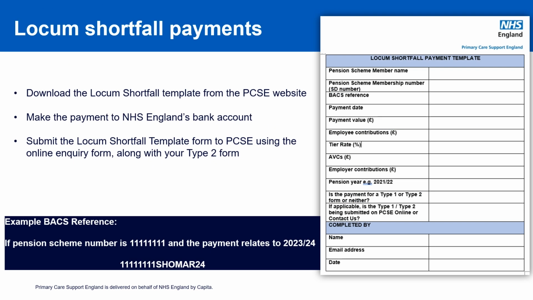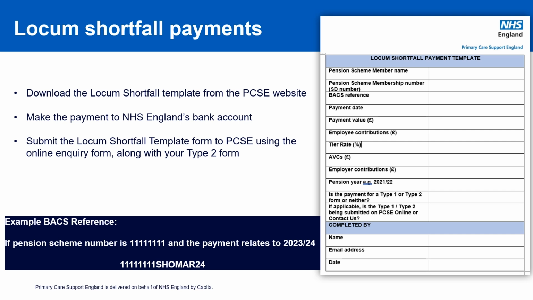So just to recap, we download the locum shortfall payment template from the PCSE website. The GP then completes that and makes the payment for the shortfall amount to NHS England's bank account. The BACS reference should be in the format of the pension scheme number.